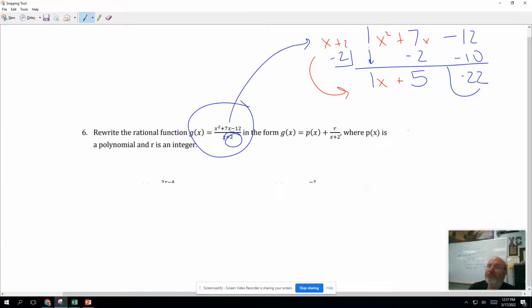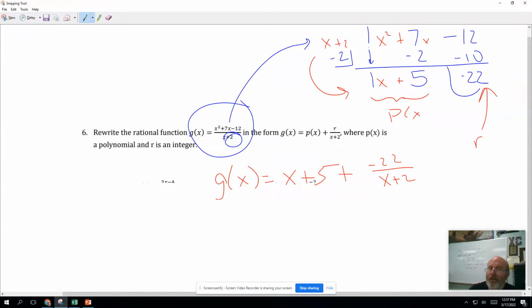That means this is my p of x. So when I write this, I write g of x equals x plus 5. And this is my r, plus negative 22 over what I divided by. That's all we had to do there.